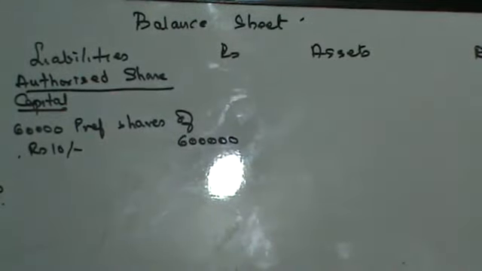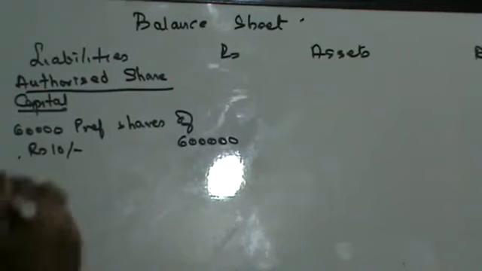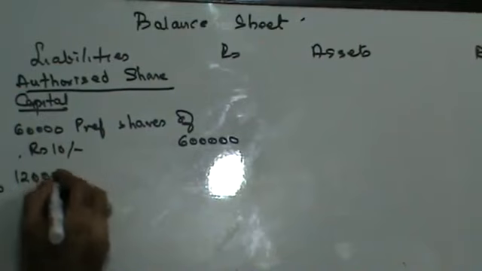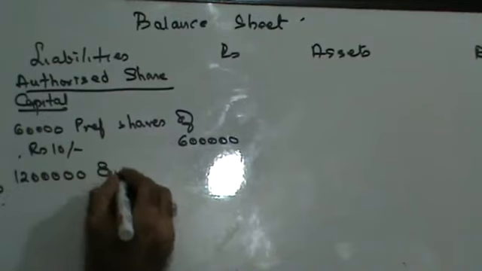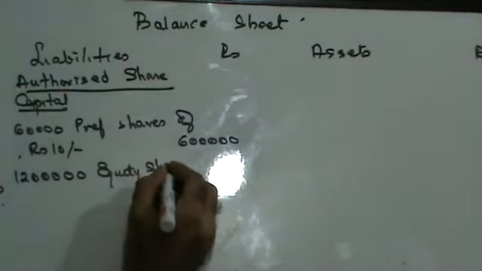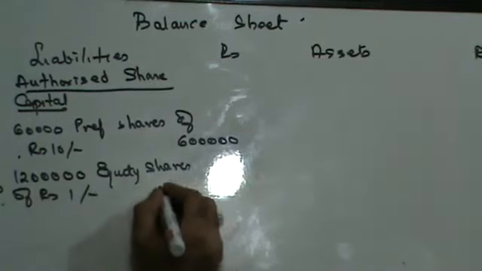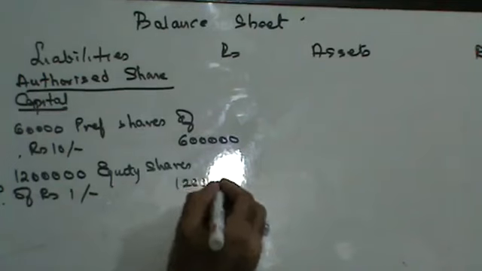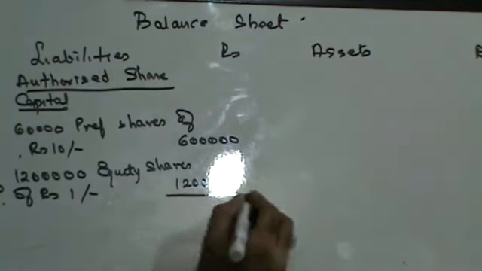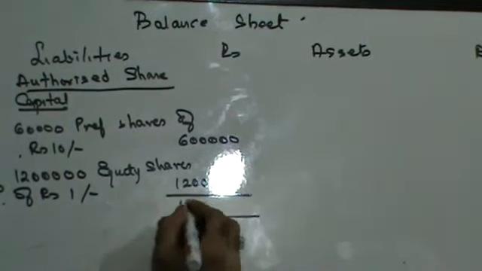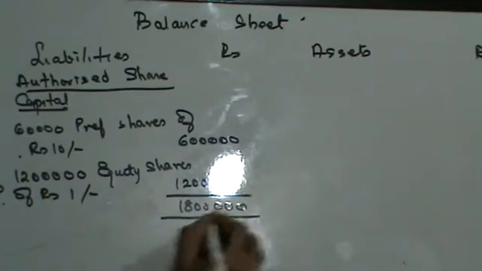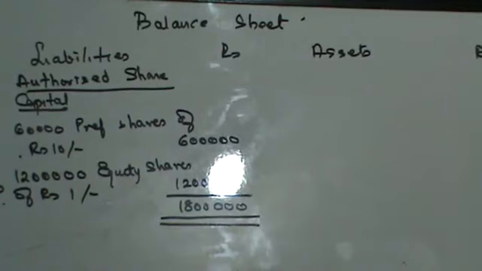And it is to be restored to 12 lakh equity shares of rupees 1 each. That is 12 lakhs. 18 lakhs. Right? Okay.